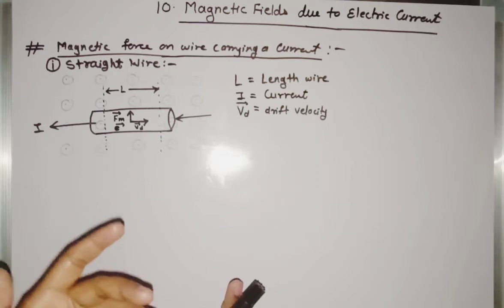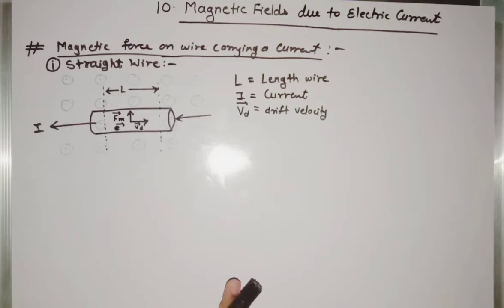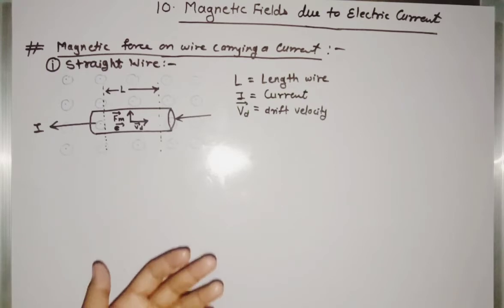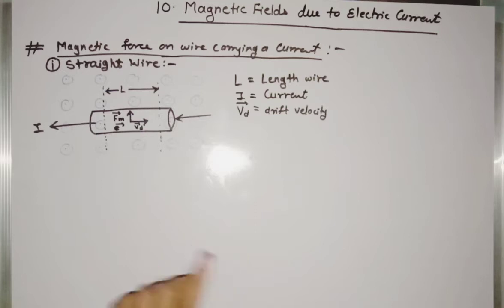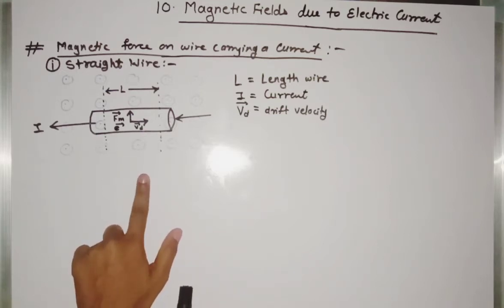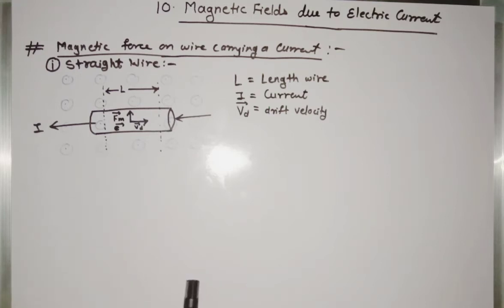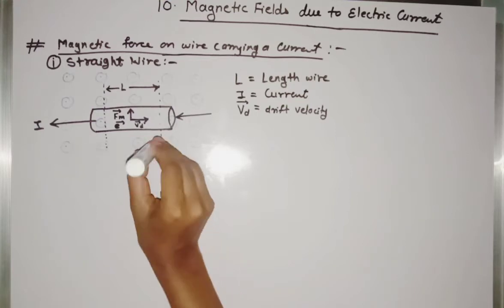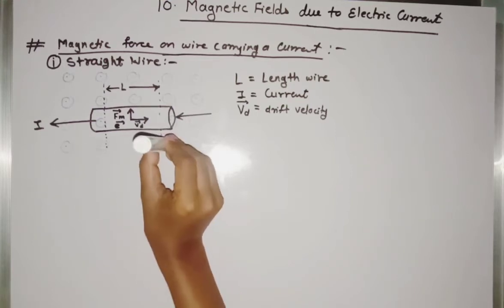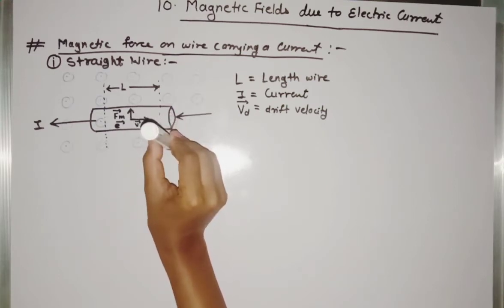Now we will try to identify the direction of magnetic force. But firstly, we must know how the magnetic field is. In our consideration, we have considered the magnetic field throughout this wire to be perpendicular. If this is my conducting wire, the magnetic field is perpendicular, that means it is in this way.